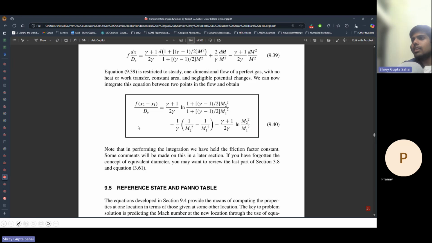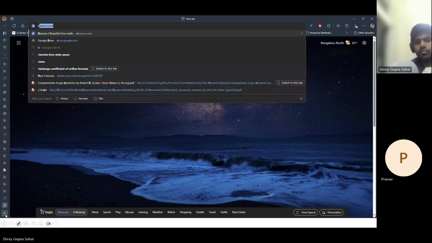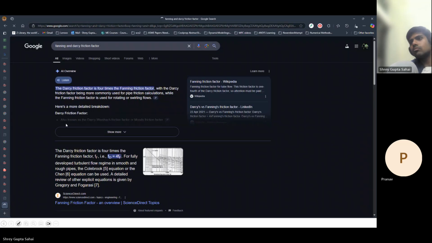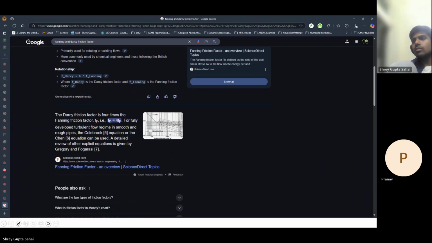If you look at my screen, this one uses the Fanning friction factor, and what you have been using is the Darcy friction factor, isn't it? Okay, I think maybe I'm making a mistake there.